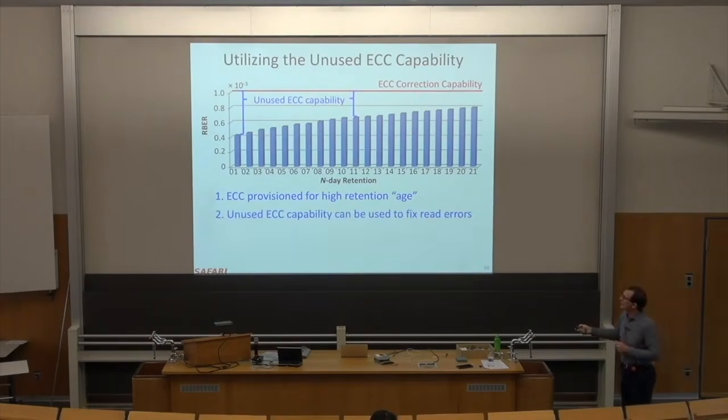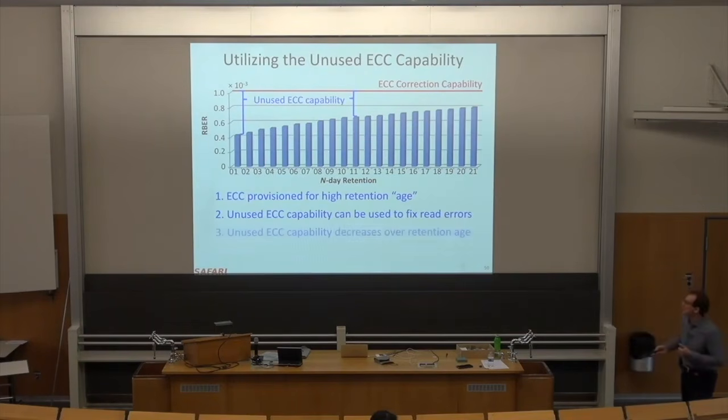And you can use that unused ECC capability to fix other errors that you may have. In this case, we're going to induce more read errors to reduce the voltages, and we're going to fix those read errors by using this unused ECC capability. This is really interesting because this is a very general mechanism. If you have some unused capability in ECC, you can use it for inducing more errors to get rid of some of the other errors.